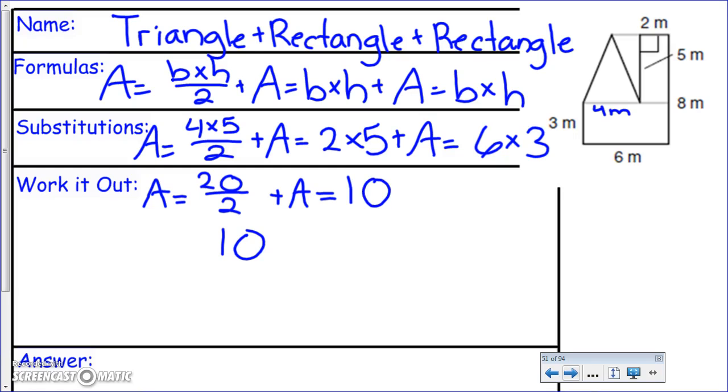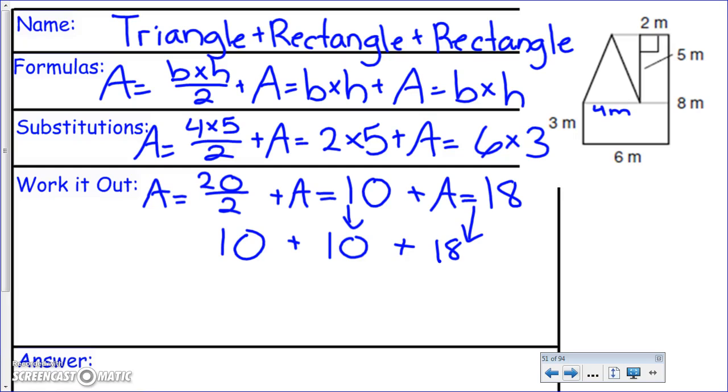And we're going to bring that straight down to add to the 10 from the triangle. Then we're going to add the area for the third rectangle, which is 6 times 3, so we get 18 meters there. And bring that down. So now we can add all 3 areas together.